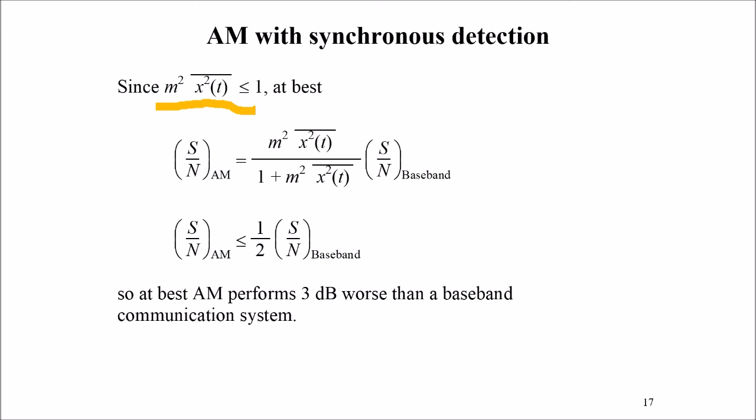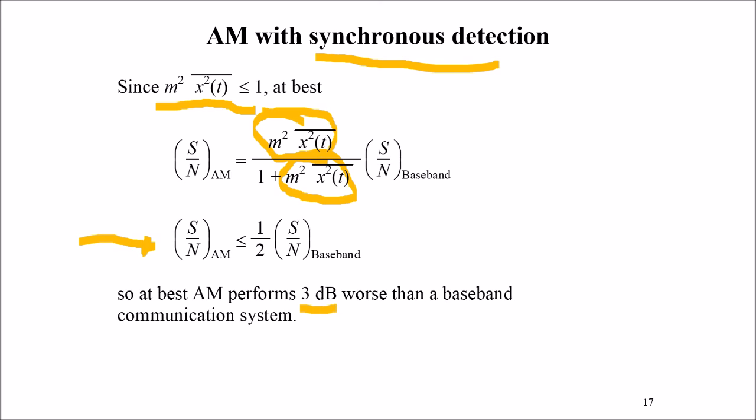So at best, we have a 1 divided by 1 plus 1, so that the signal to noise ratio of the AM system with synchronous detection is less than 1/2 the signal to noise ratio of the baseband system, which means that's 3 decibels worse than baseband.